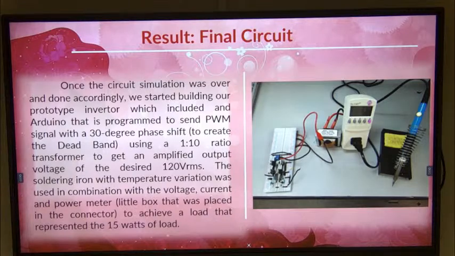This transformer will convert it at a 1 to 10 ratio, so we will get the 120 volts RMS in our output. And then something very curious, as you can see, there's a soldering iron as our load. It has a temperature variation, so we were able to manually get the desired wattage that we wanted by varying the temperature. The resistance will be higher or lower.